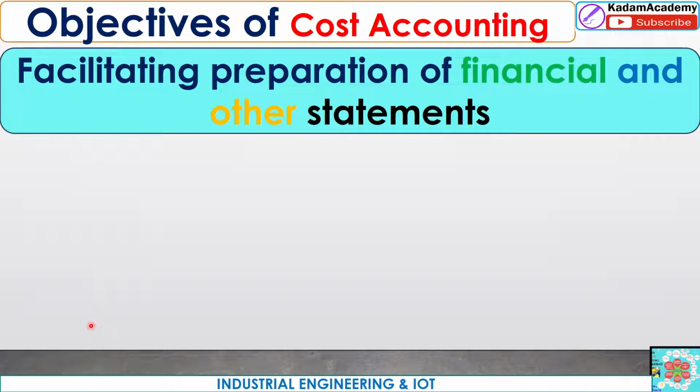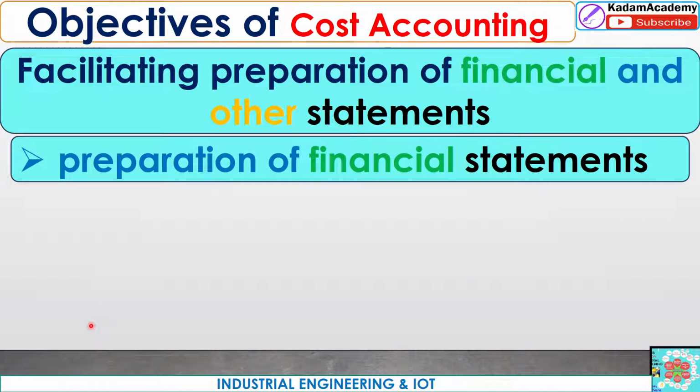Here cost accounting helps to produce statements at very short intervals, as management may require. This financial statement we can also calculate based on cost accounting, facilitating the preparation of financial and other statements like the balance sheet and the profit and loss account. All this is based on cost accounting.